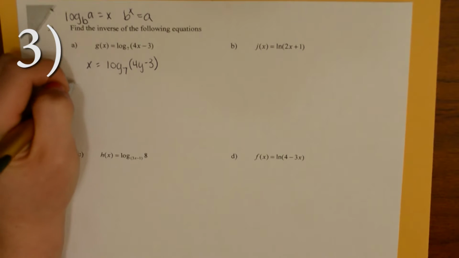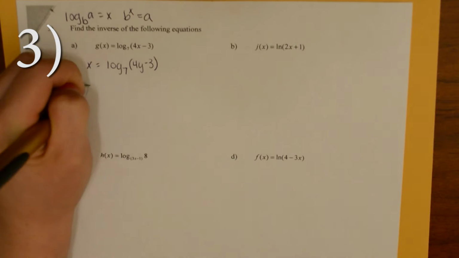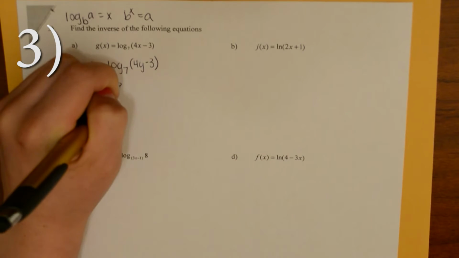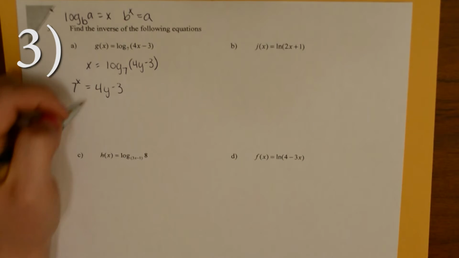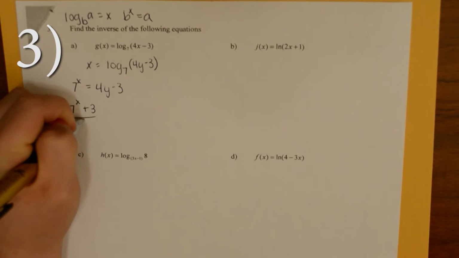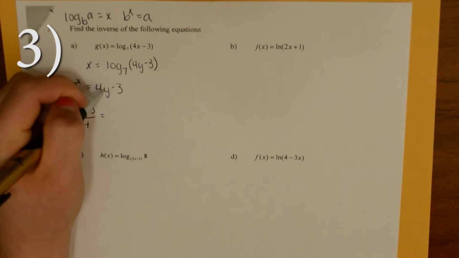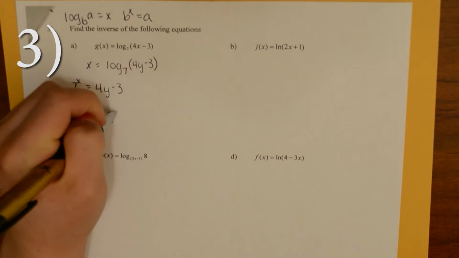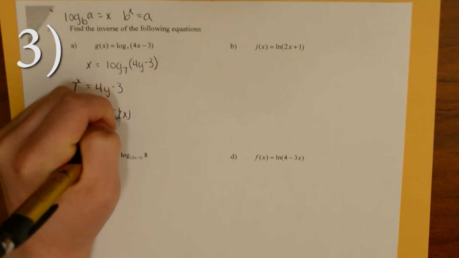So what we do is we say 7 to the x equals 4y minus 3. Now you isolate the y like normal, and you get 7 to the x plus 3 divided by 4 equals y, but instead we put it in our inverse notation, which is g to the negative 1 of x.